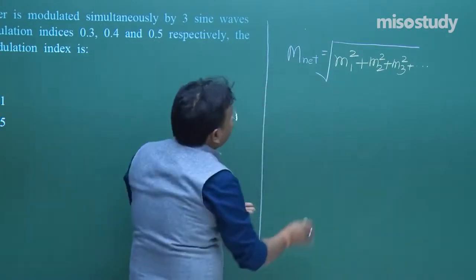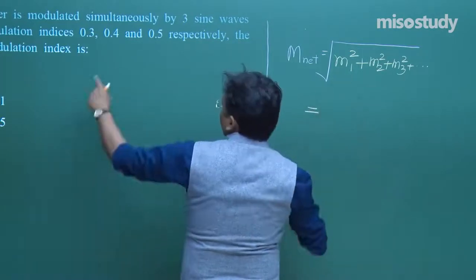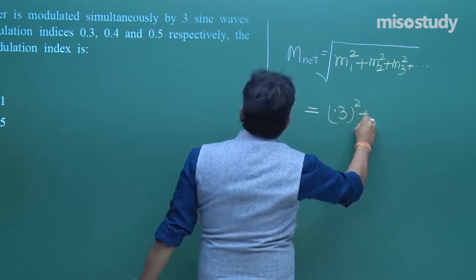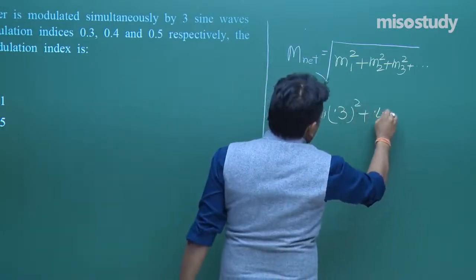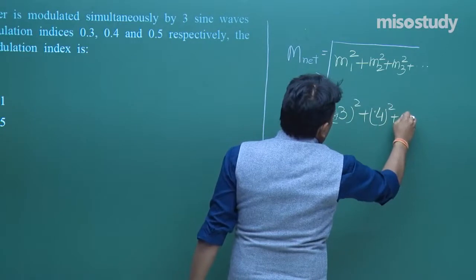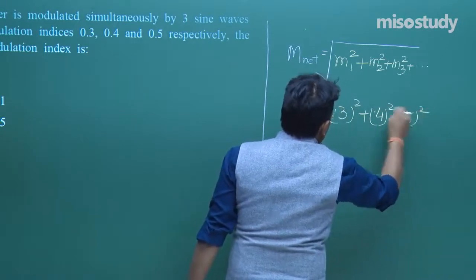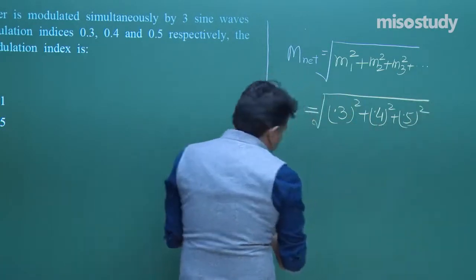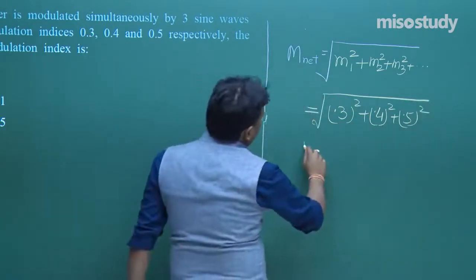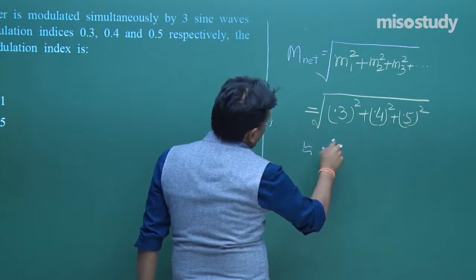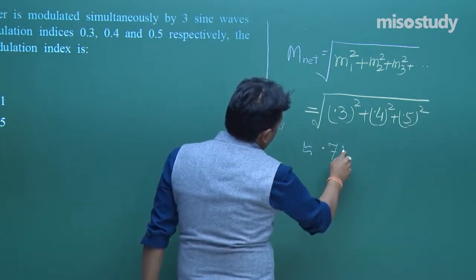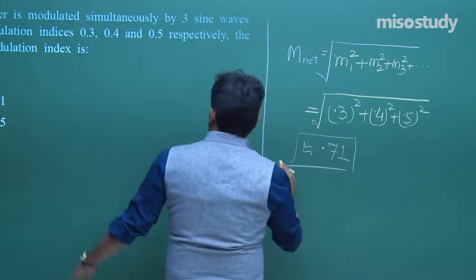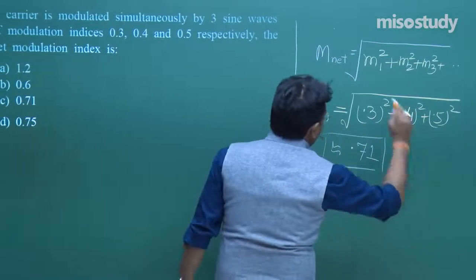So let us start putting these values. So 0.3 whole square plus 0.4 whole square plus 0.5 whole square. Solve it. Fine. As you solve it, you will get the answer nearly, because I solved it before coming to this video shoot, it is 0.71. Okay. So this is your correct answer, that is C is the correct answer.